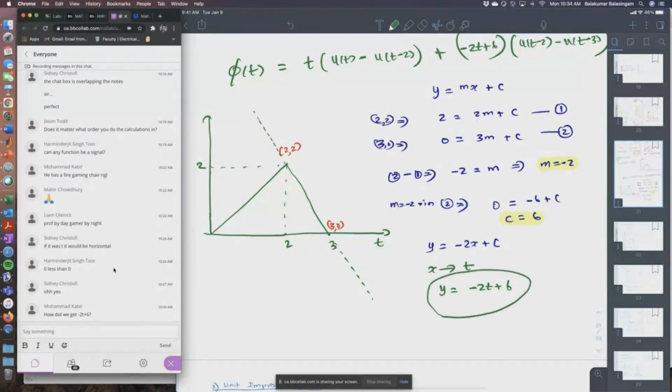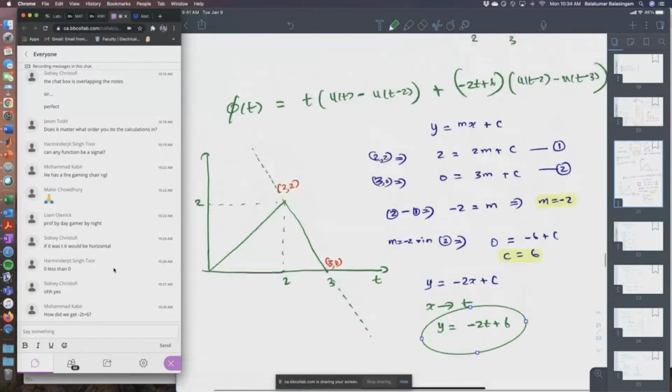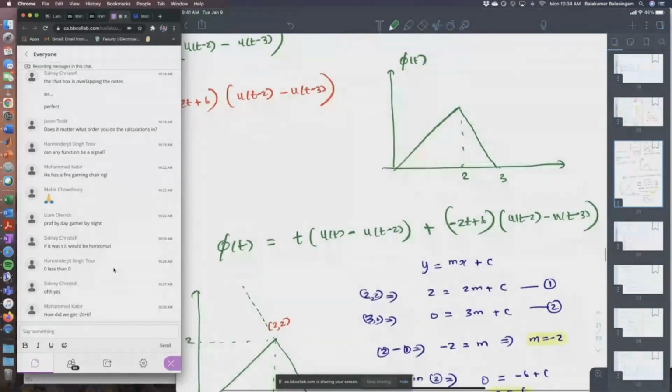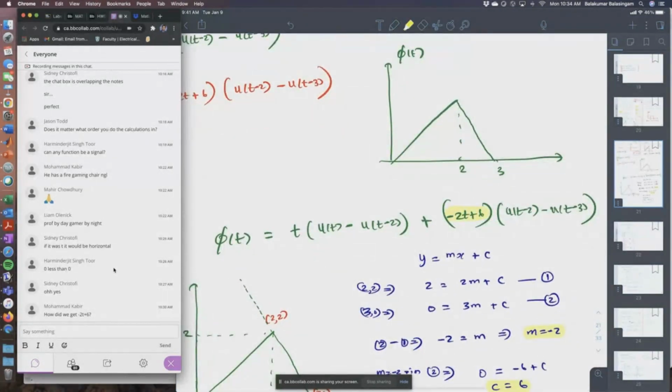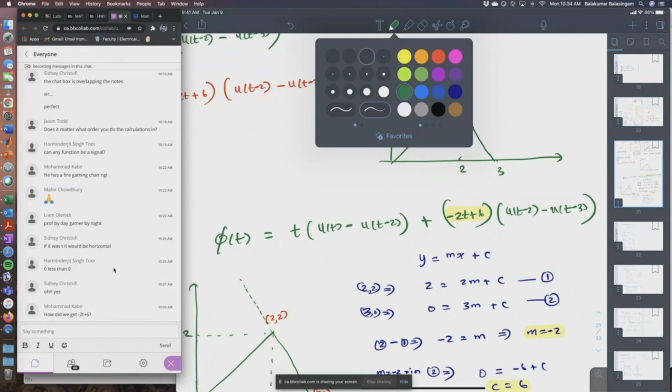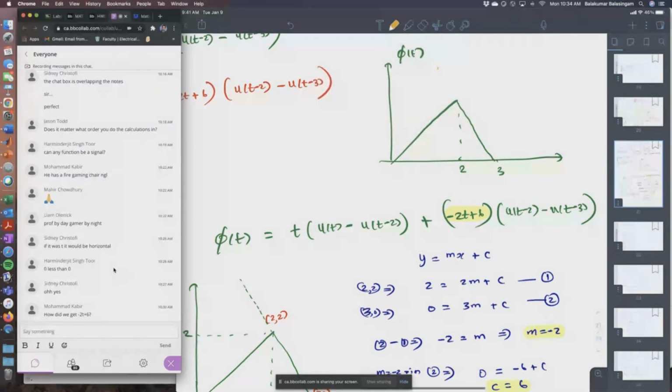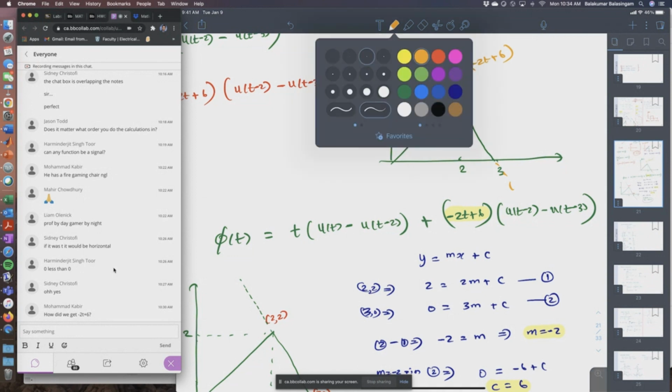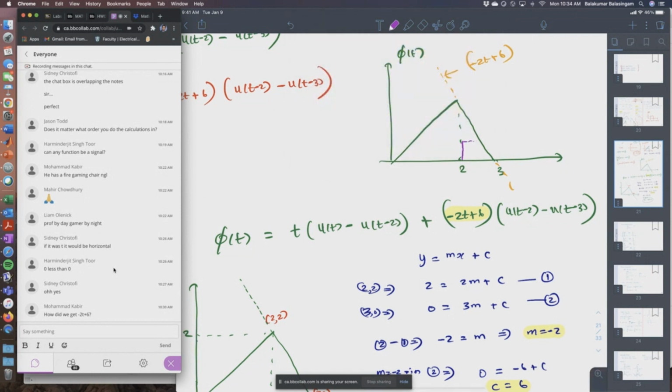That is how we came to find this equation. To put that in perspective, this equation is minus 2t plus 6, but we only need that in the 2 to 3 range. So this right there is u(t-2) - u(t-3).